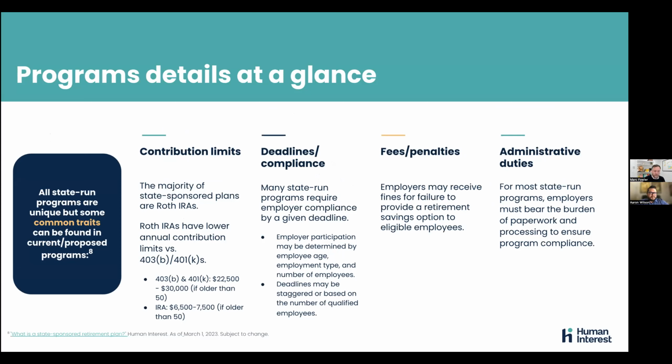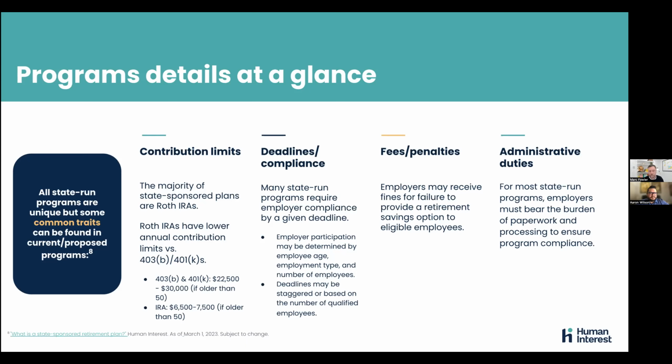And so when we talk about a Roth IRA plan, for those who aren't familiar, they are essentially after-tax contributions and have a much lower contribution limit than a 403b or a 401k. So typically, well, it's $6,500 for anyone under 50.